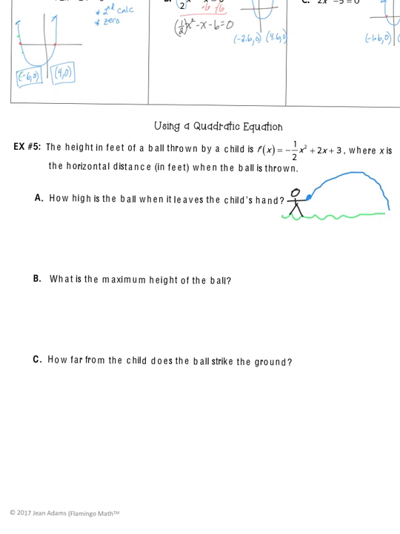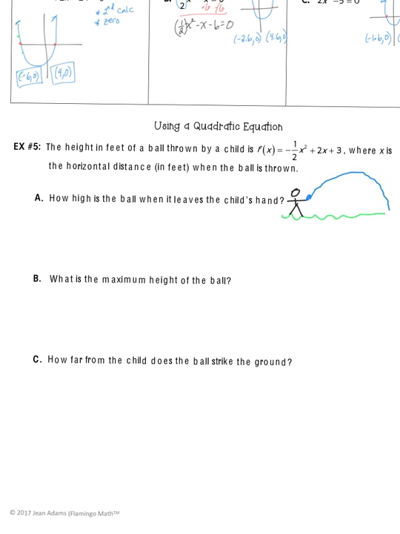So it's in the shape of a parabola. And this is representing the height at any point in time. As time goes on, so the seconds, the ball reaches various heights. So x is your time, then the height is in feet in this case.